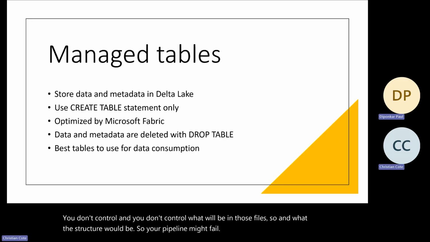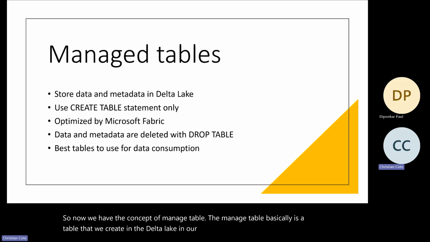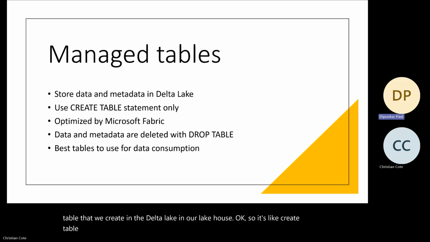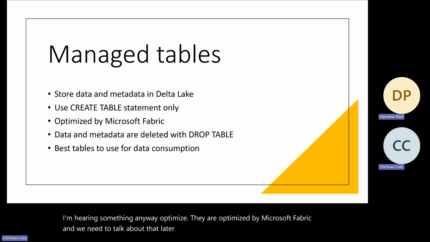Now we have the concept of managed table. A managed table is a table that we create in the Delta Lake, in our Lakehouse. It's like create table. They are optimized by Microsoft Fabric, and I'm going to talk about that later. Data and metadata are deleted when we drop a table.